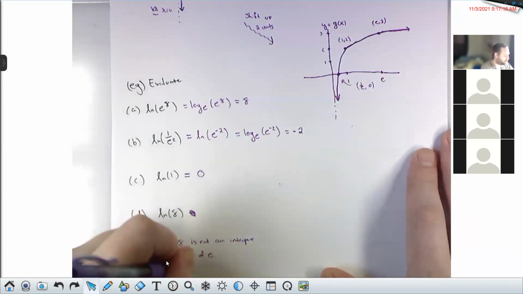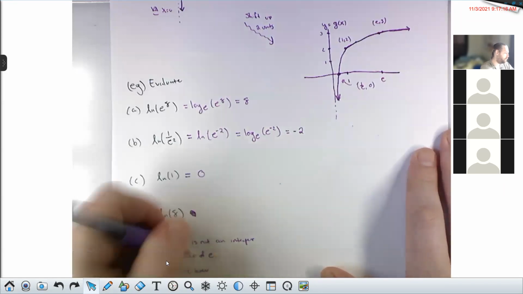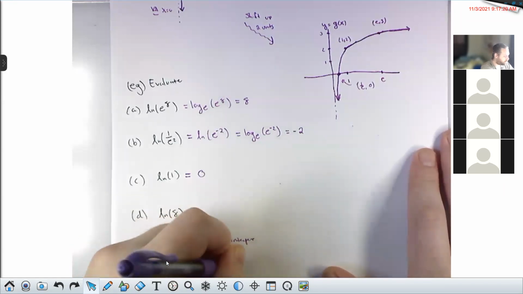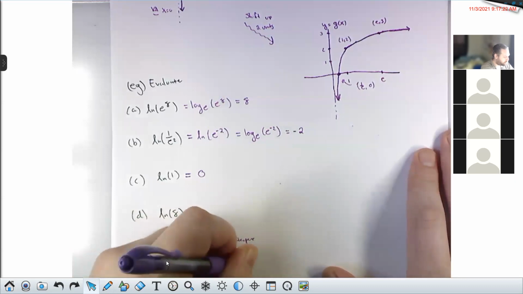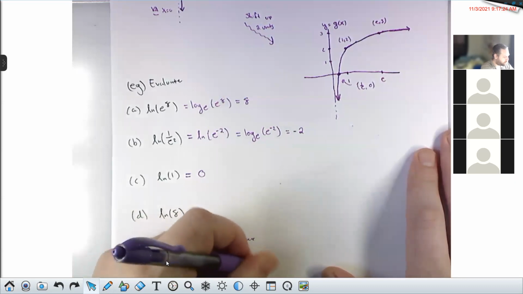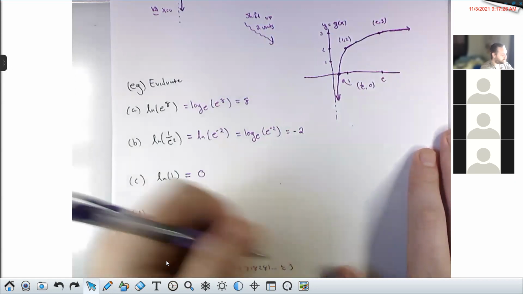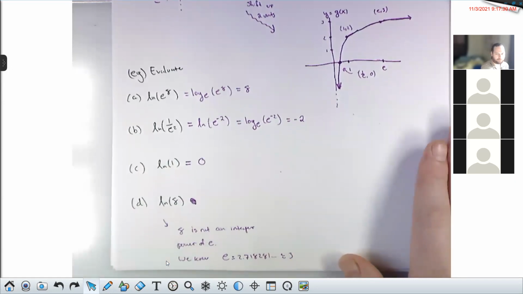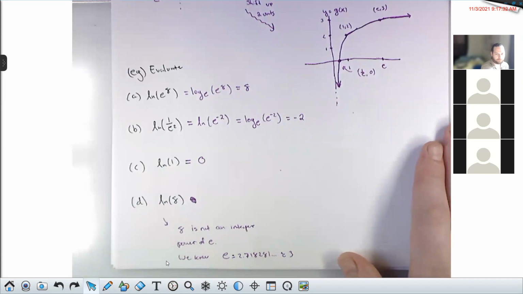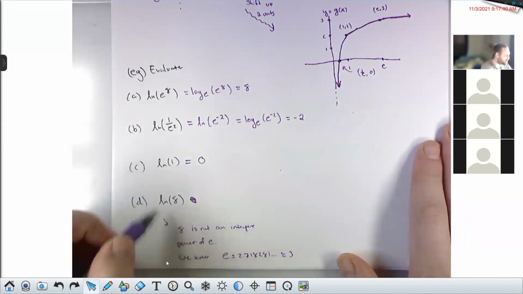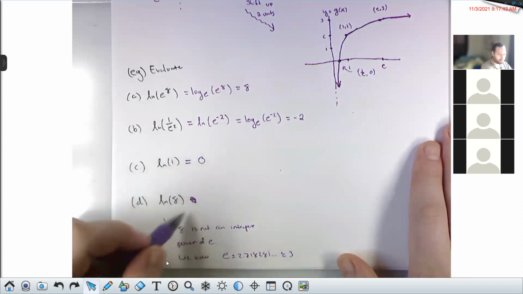We know that e is like 2.718281 blah, blah, blah, is pretty close to 3. It's a bit smaller. And we know that 3 squared is 9. So this should be somewhere around 2.